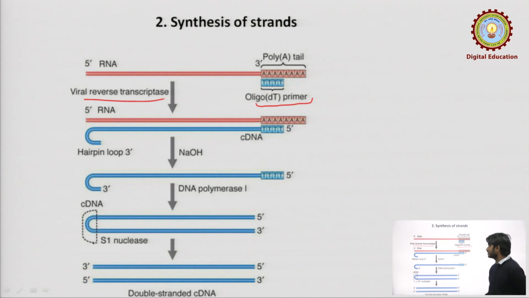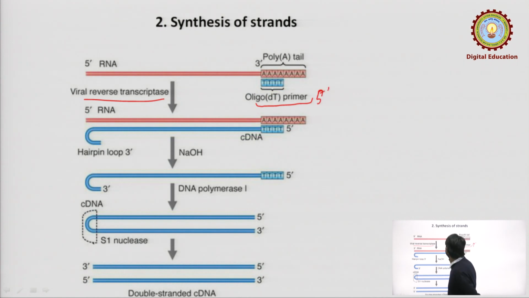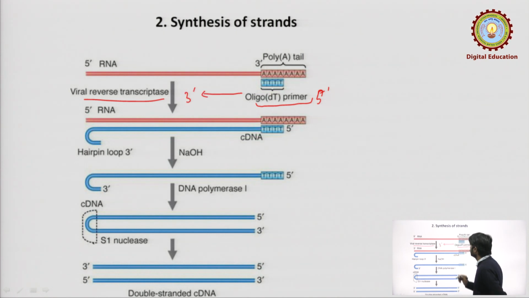So what this viral reverse transcriptase will do, it will synthesize the second strand from this 5' end in this direction to the 3' end. So it will synthesize that required strand in the direction of 5' to 3' end with the help of viral reverse transcriptase.